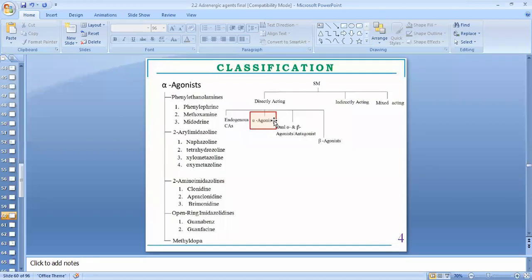So what are these drugs? Basically, they are going to bind, or they are going to act by alpha receptor agonist. Agonist is the drug which will increase the action of that particular receptor, which it will bind specifically.